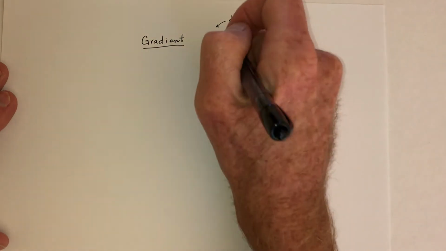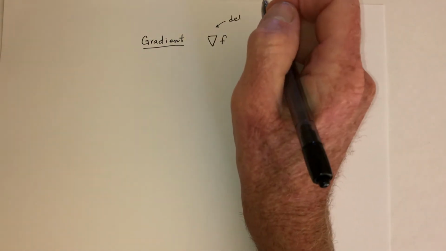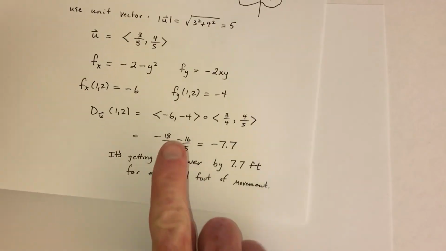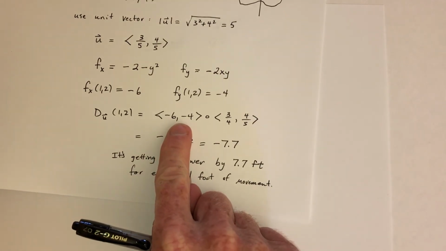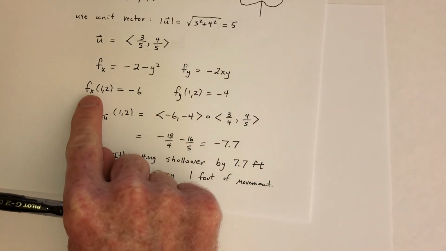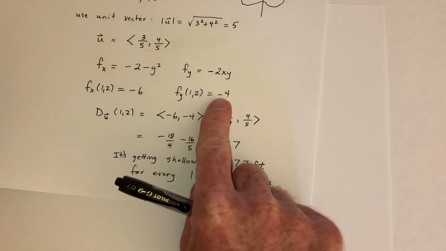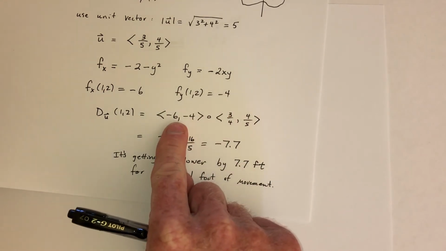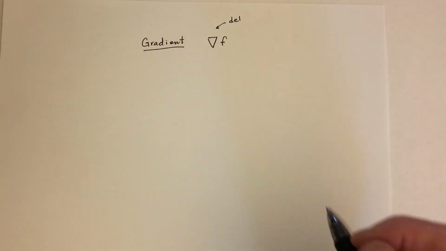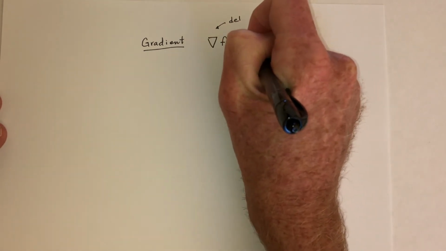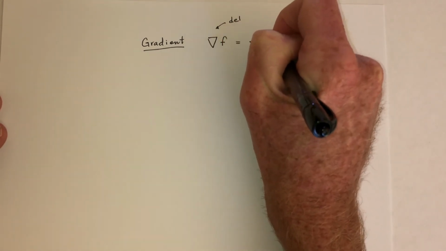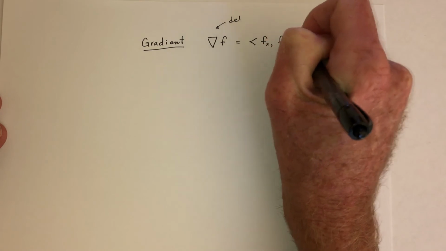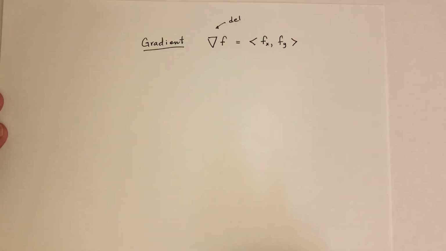And the gradient of f is actually this thing right here. So you take the derivative with respect to x, you take the derivative with respect to y, make a vector out of it, and that's the gradient. So the derivative with respect to x, comma, the derivative with respect to y. There's the gradient.